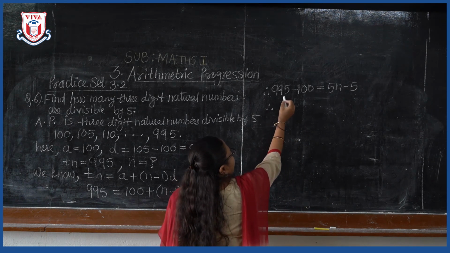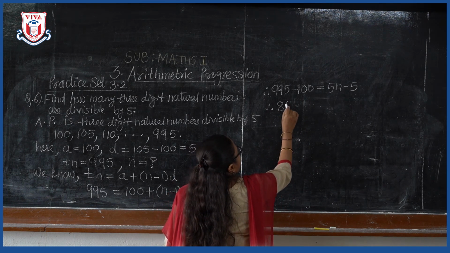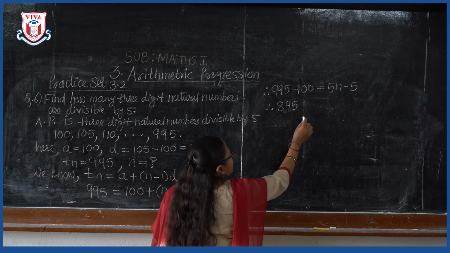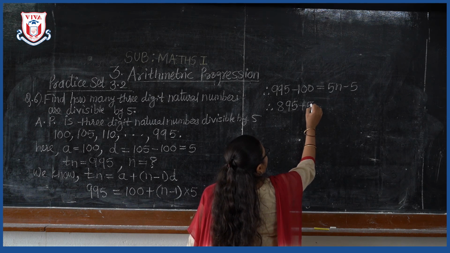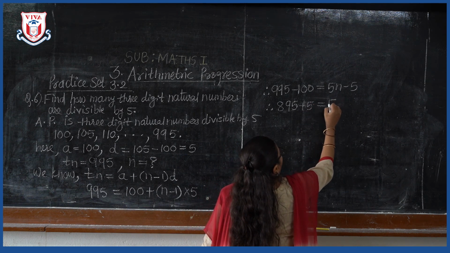Now 995 minus 100 gives 895. Take this minus 5 to the left hand side, so plus 5, equal to 5n.